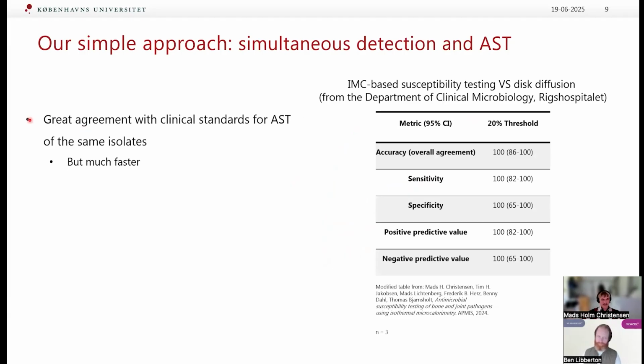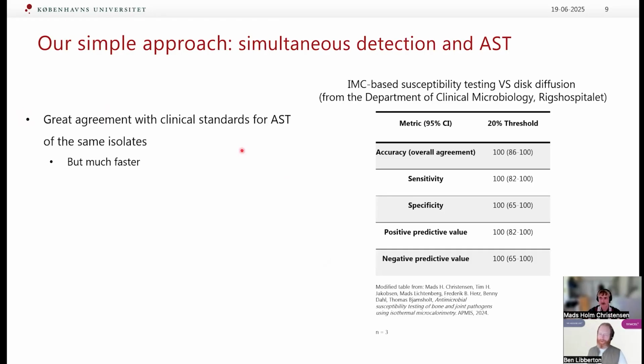And of course, as I said, these isolates were all sourced from the hospital. So we went back into the data to see what susceptibility results the hospital got for these exact same isolates. And this table just shows some comparison metrics between the microcalorimetric method and the classical culture-based method from the hospital.